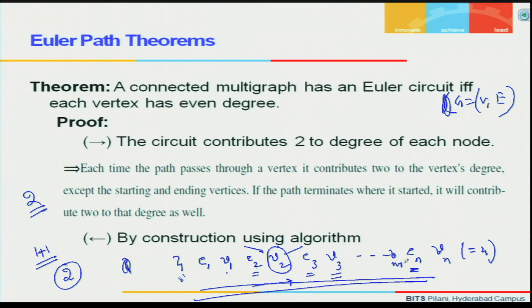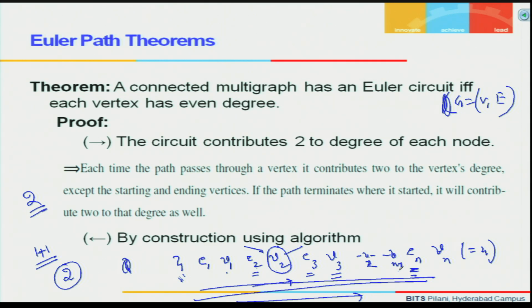And you take, for that matter, any vertex, a degree of 2 is being contributed to its degree. Of course there is no issue if a vertex is repeated in this path, absolutely that is okay. V2 can be repeated over here somewhere, but if it is repeated also, it is contributing 2 to its degree. So wherever and however many times it is appearing in this path, so many 2's will be contributed to its degree.